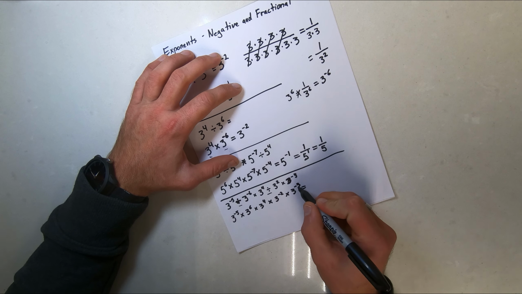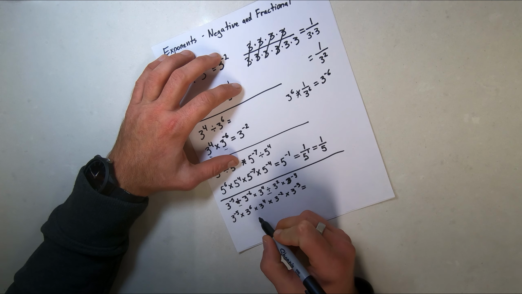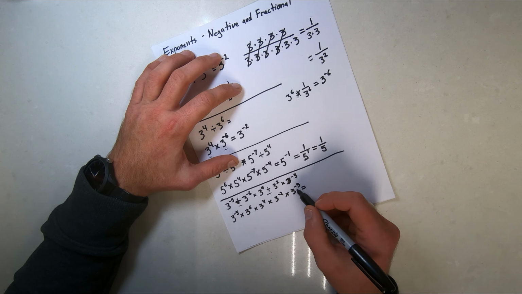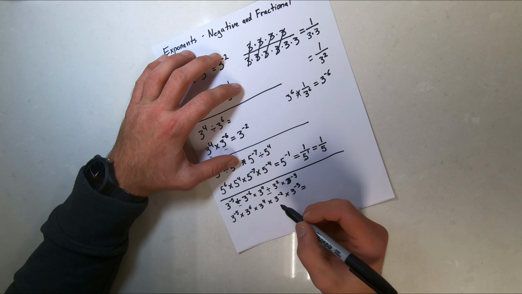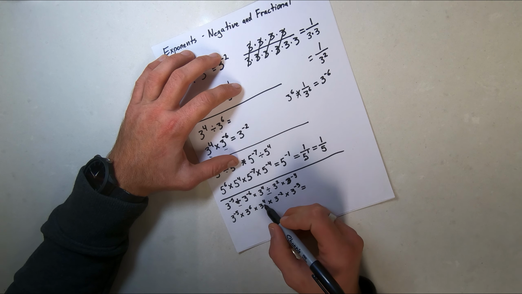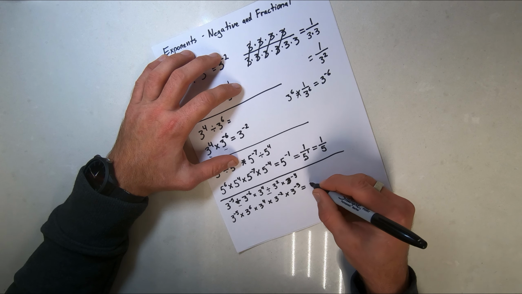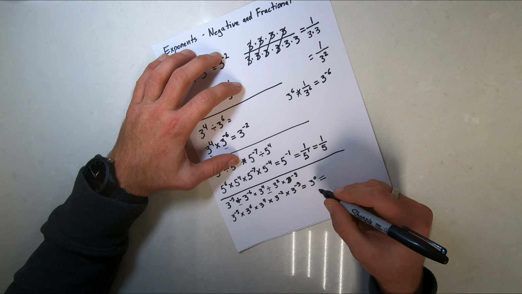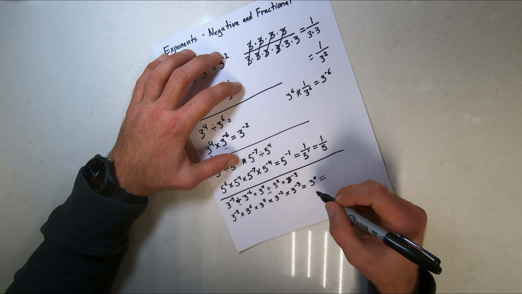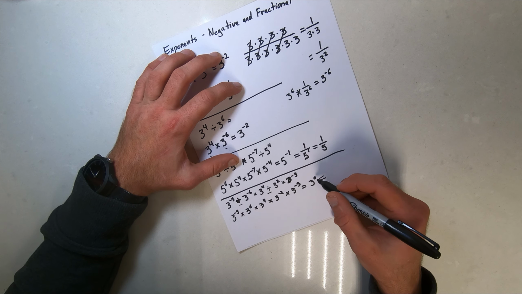Now we simply add up all the exponents. So we have negative 2, negative 3, which is negative 5, and we have another negative 5, so that's negative 10. And we have a positive 10, which means the answer is 3 to the 0 power. And we know what 3 to the 0 power is. Any number raised to the 0 power is 1.